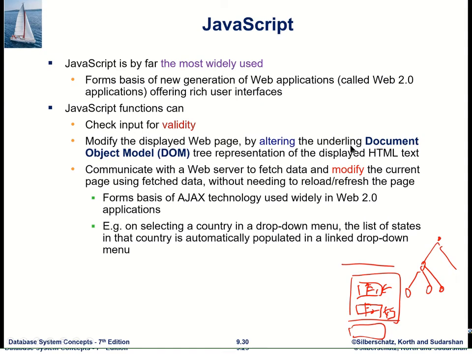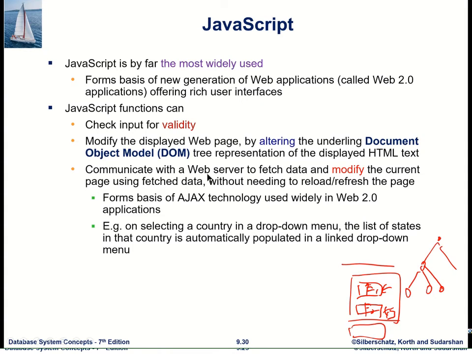This one is representing the HTML text, and we can also communicate with a web server to fetch data. That means we can send a request and get the result, so from the request we get data. We can also modify the current page based on the fetched data.